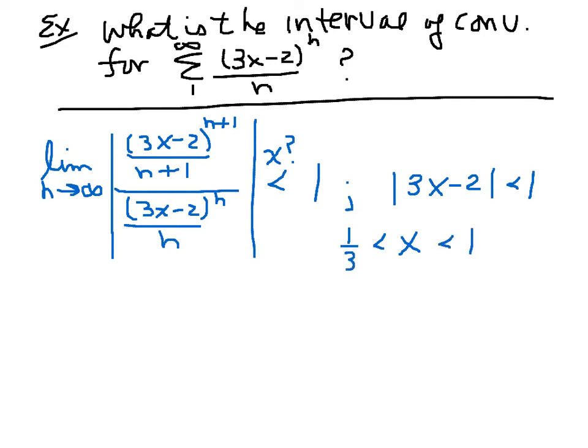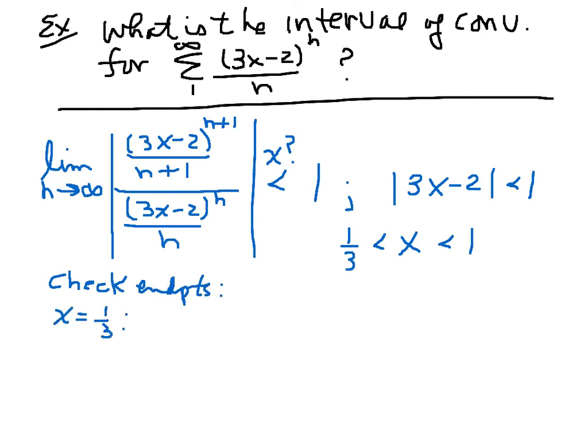At any time you might want to just press the pause button and make sure that you follow how I'm getting to where I'm getting. As we've said, here we have absolute convergence. We need to check the endpoints. So here we go. How about if x is equal to 1/3?